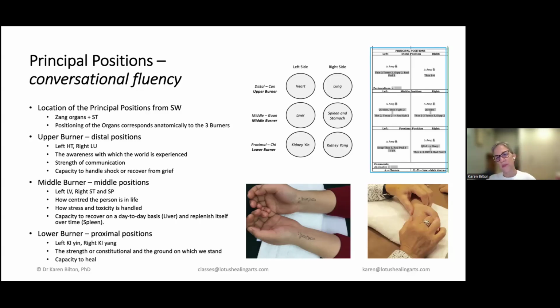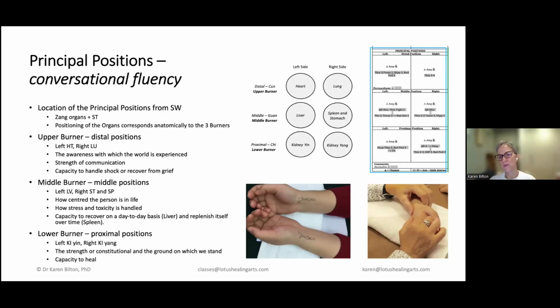So if we're looking at the distal positions, the Chi positions, when again we're looking at the person, that gives us information about the awareness with which the world is experienced. The strength of the communication from the fire element, from the heart, and the capacity of the system to handle shock and to recover from grief from the lung.